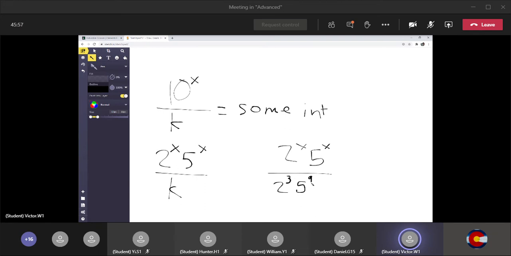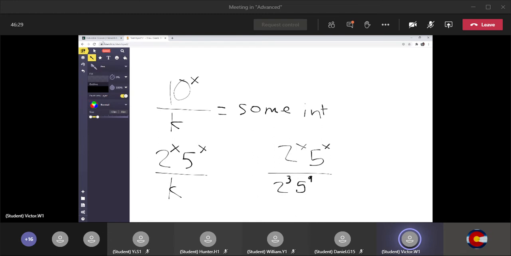It's kind of clear that the smallest x that can cancel everything out will be the maximum of these two exponents. So in this case, the minimum x is 9. If you have something like 8, then there will be an extra 5 still left in the denominator that you can't cancel out. So that's why the maximum of these two exponents will be the minimum x possible.